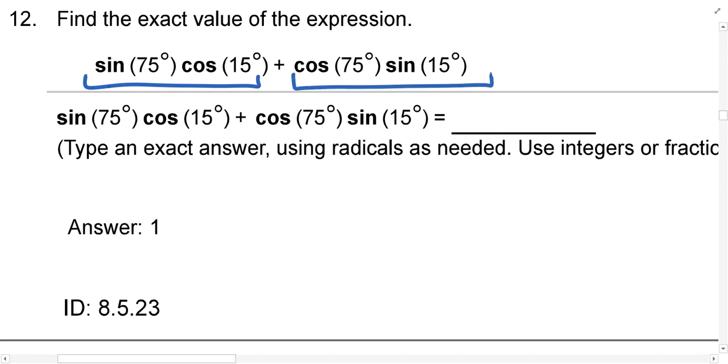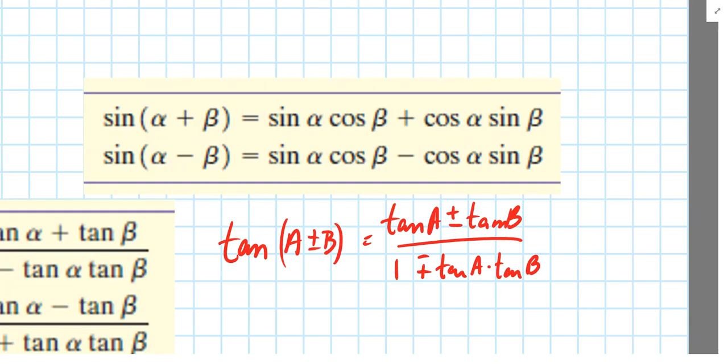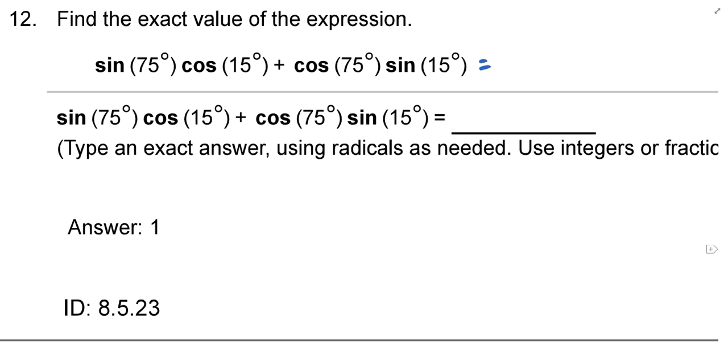So as long as we can recognize the pattern that's been established here, then we could simplify this pretty easily. Now the identities that use sine times cosine are here, the sum or the difference identity for sine. And when there is a plus sign in between, we know that this is the sum identity for sine. When there's a minus sign in between, we know this is a subtraction or difference identity for sine.